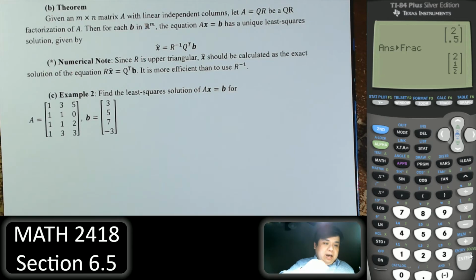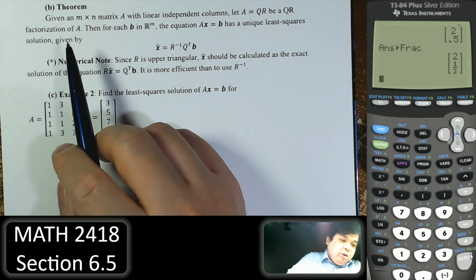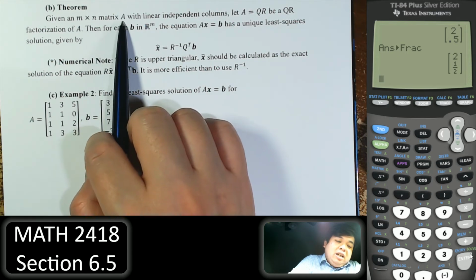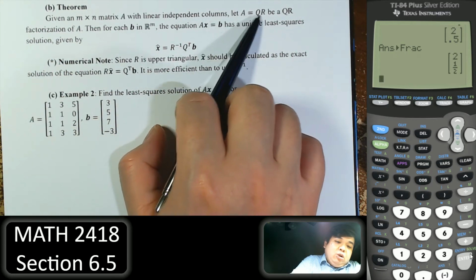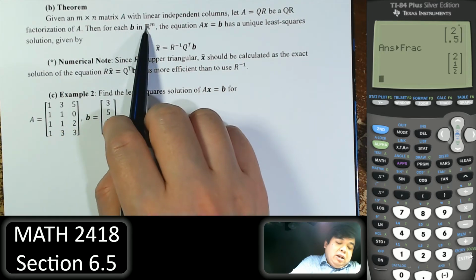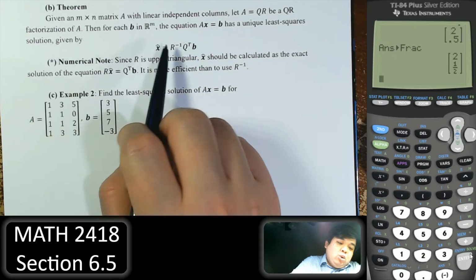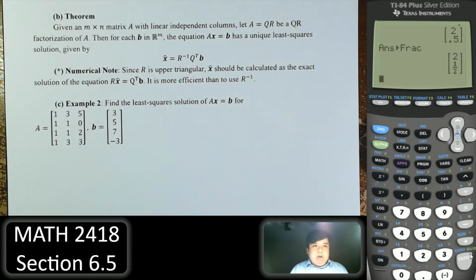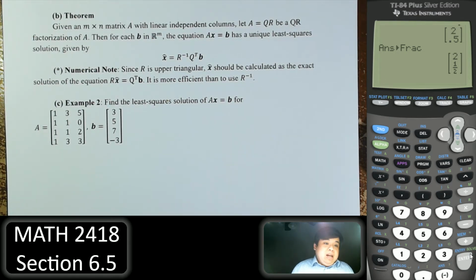So that's why we rarely calculate the inverse by hand if it is more than 3 by 3. Right. Now, we just have the theorem here. If an m by n matrix A has linearly independent columns, let A equal QR be a QR factorization of A. Then for each b in R^m, the equation has a unique least square solution, and the solution is given in this form. Like I mentioned in the previous section, there's a lot of application for the QR factorization. However, none of those we can do by hand in a practical way.